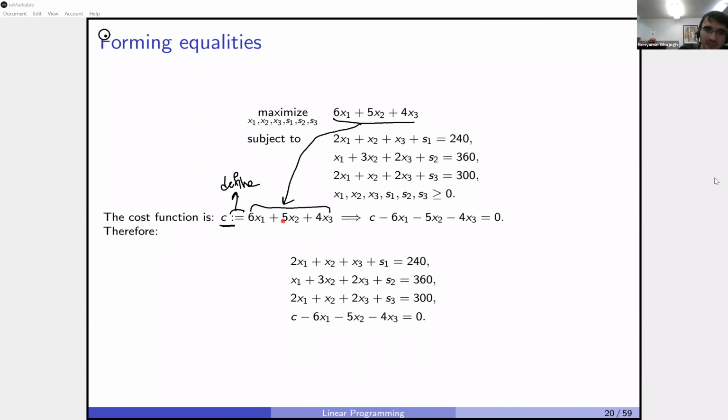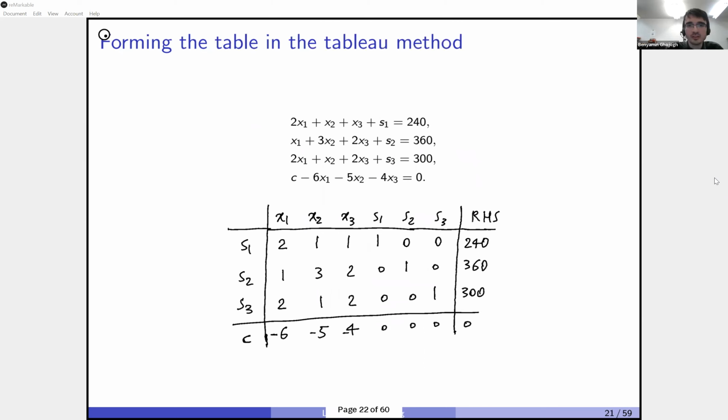Then bring the right-hand side to the left-hand side and equate it to 0. So C minus 6x1 minus 5x2 minus 4x3 equals 0. These were the 3 inequality constraints, and this is the objective. Therefore, we have this.